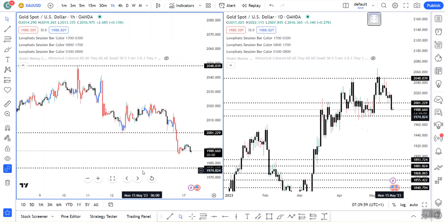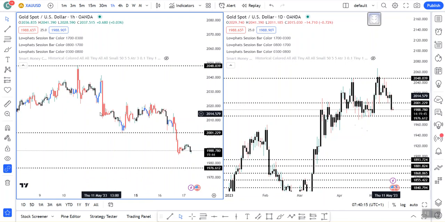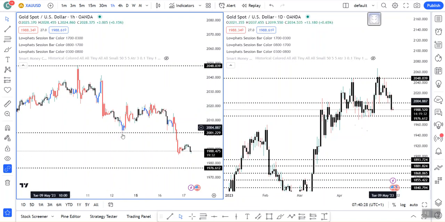Okay. To explain what demand and supply is in layman's language, you can term demand as the support, where the market went to at a particular point in time and couldn't get beyond that very particular zone, and then the market reverses.